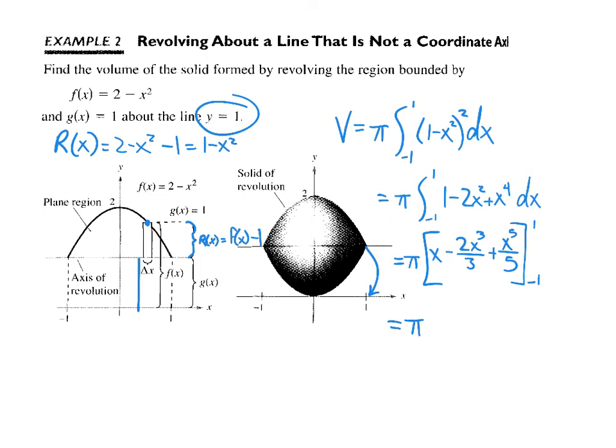So we have pi times, if I plug in a 1, I get 1 minus 2/3 plus 1/5. If I plug in a -1, which I'm subtracting, I get -1 minus a negative, so plus 2/3 minus 1/5.